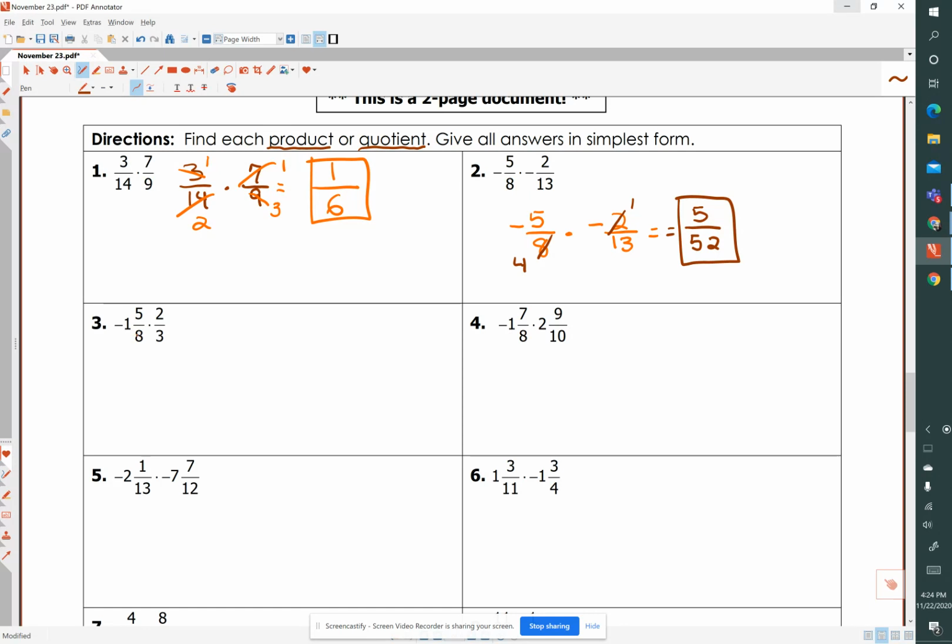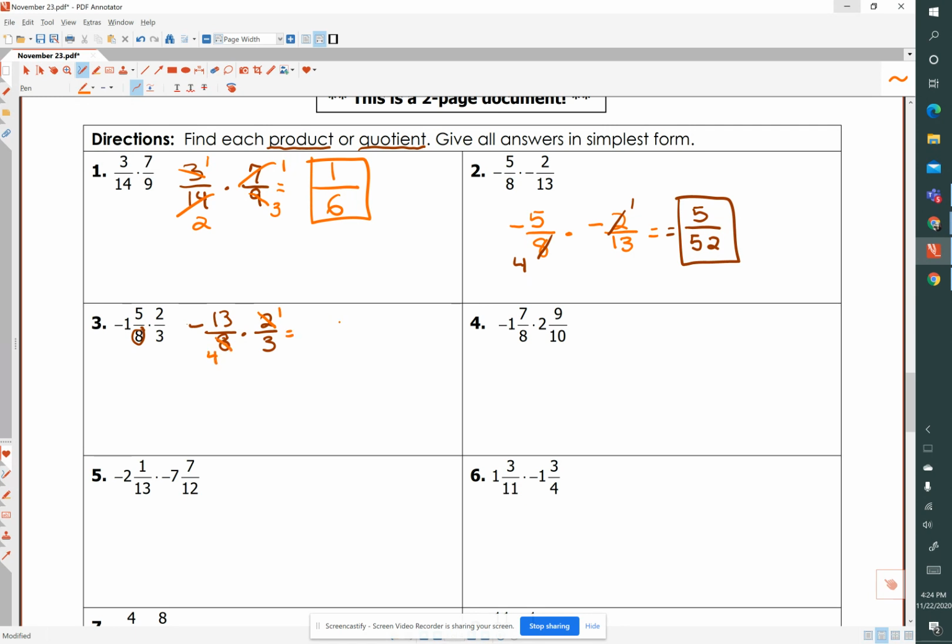So now with this -1 and 5/8, I need to convert that to an improper fraction. So 1 times 8 is 8, plus 5 is 13, so that's -13/8 times 2/3, and I can cross simplify that. 2 divided by 2 is 1, 8 divided by 2 is 4.